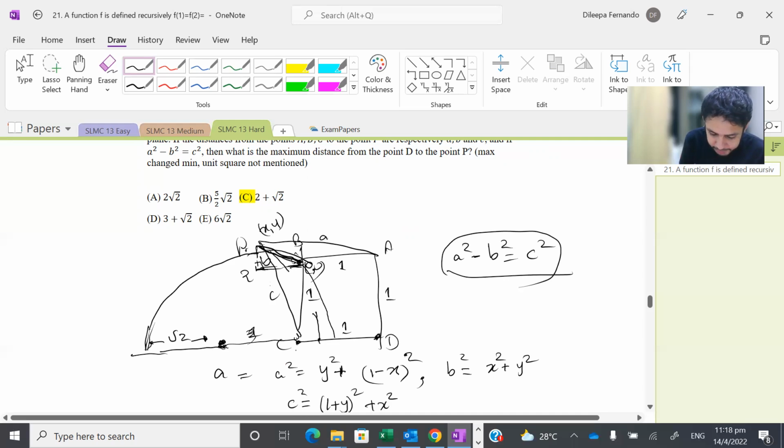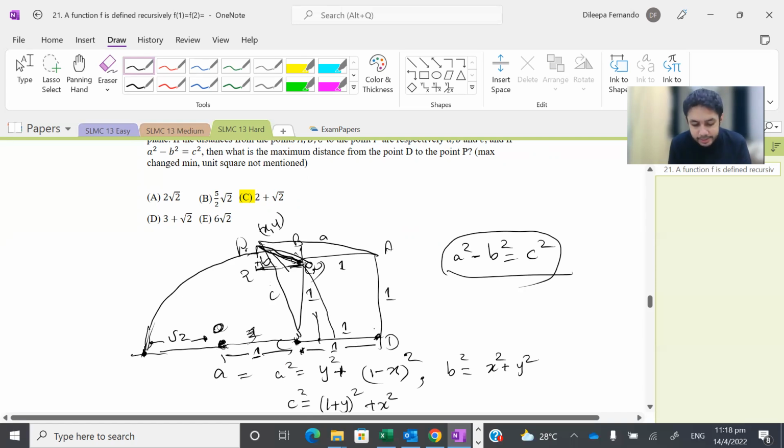So we'll consider this. CD length is 1, and since the center is -1, this means from D to C you have 1, C to the center you have 1, and center to this point you have √2. So this is the maximum distance.